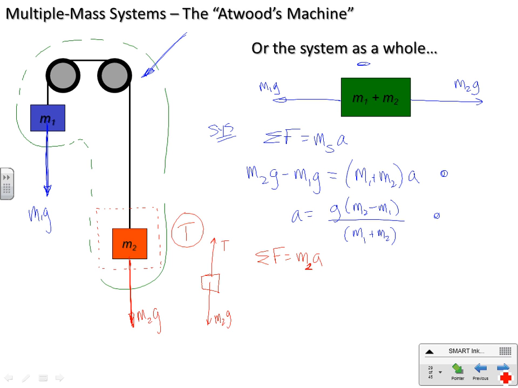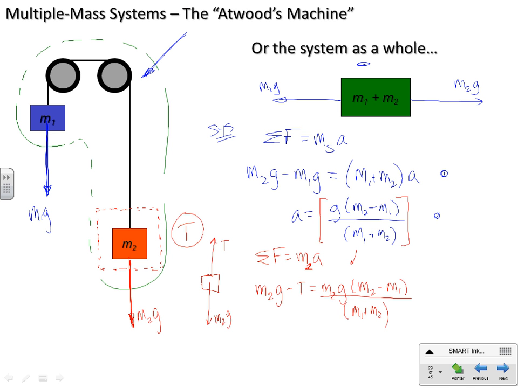We are looking at this little isolated part of the system, we're only looking at mass 2. I'm going to keep the same positive direction. Sorry, just T equals M2 A. So M2 times, well, I guess we'll just do this. G, M2 minus M1 over M1 plus M2.